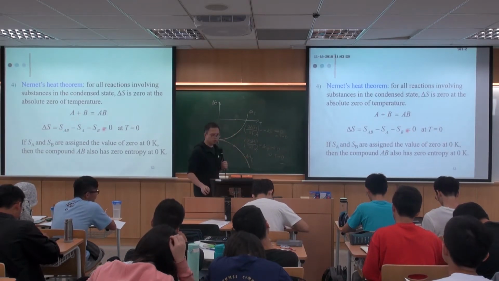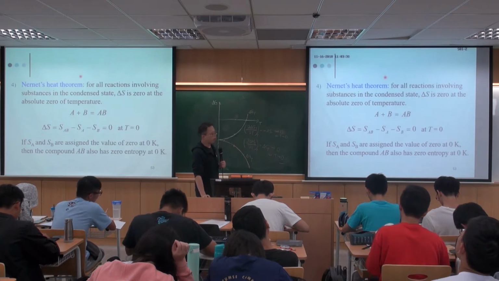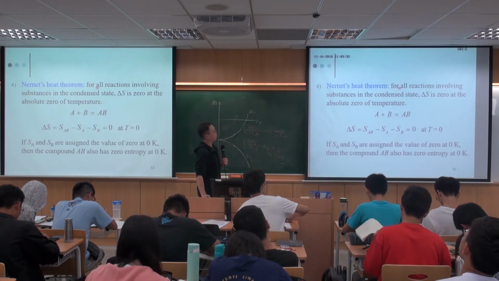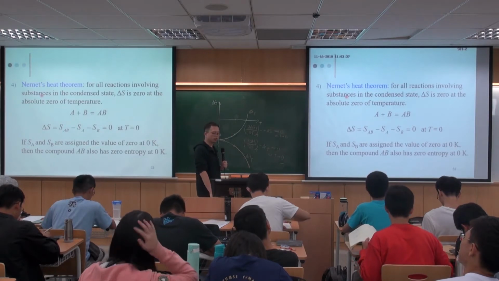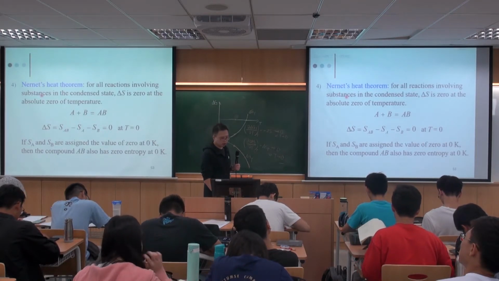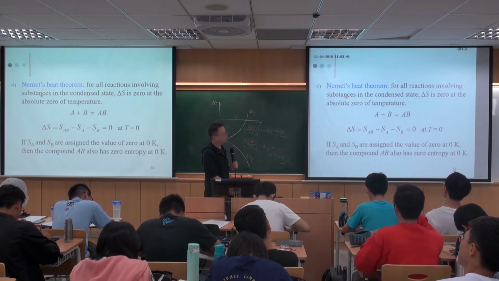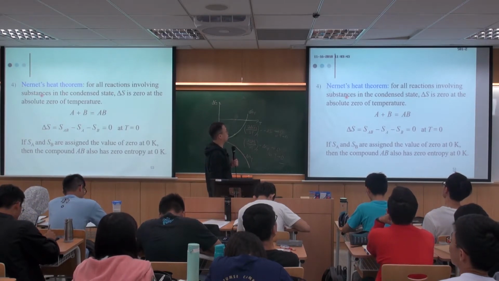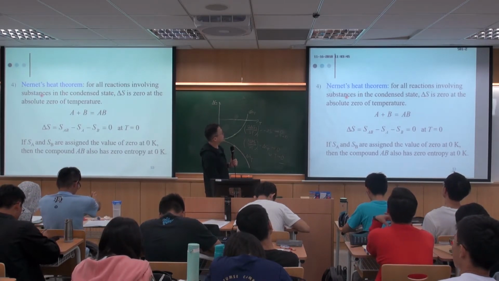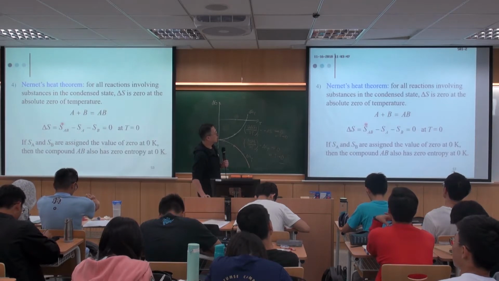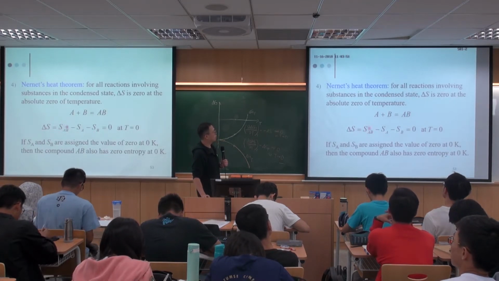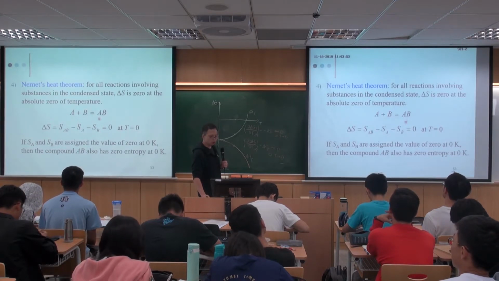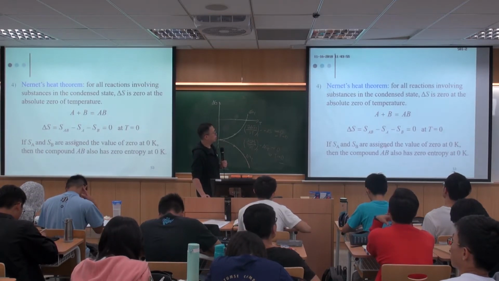So another theorem was proposed by Nernst, that for all reactions involving substances in condensed states, in solid states, delta S should be 0 at the absolute 0 of temperature, right? So delta S for a certain reaction, for instance, A plus B will become AB, will be something like this.